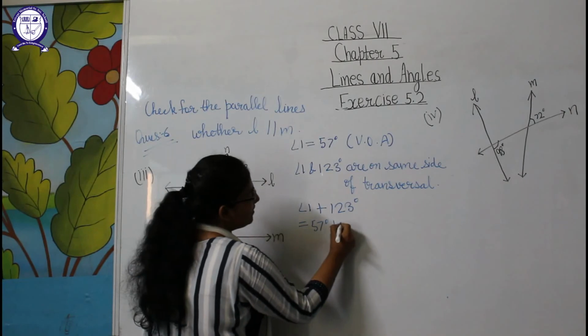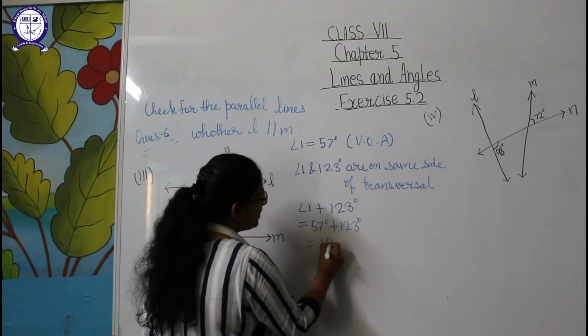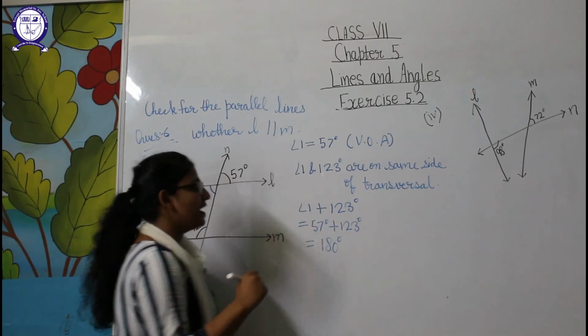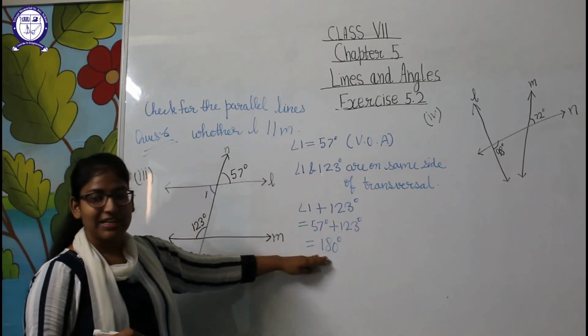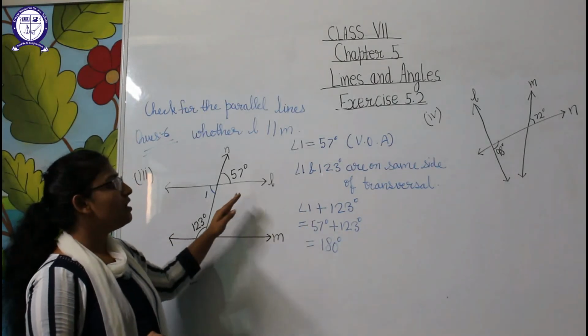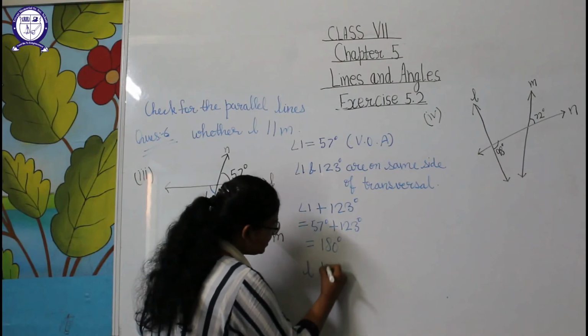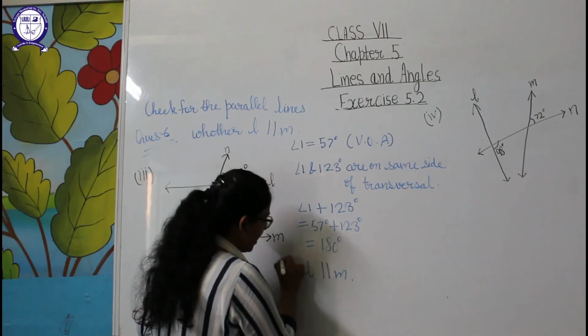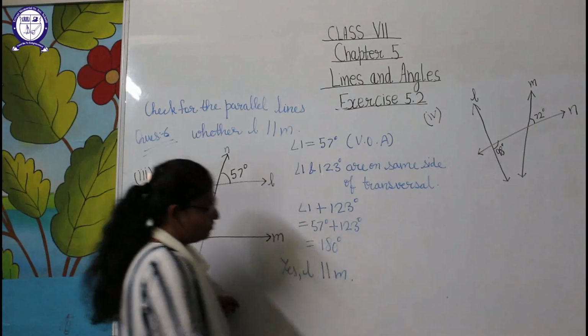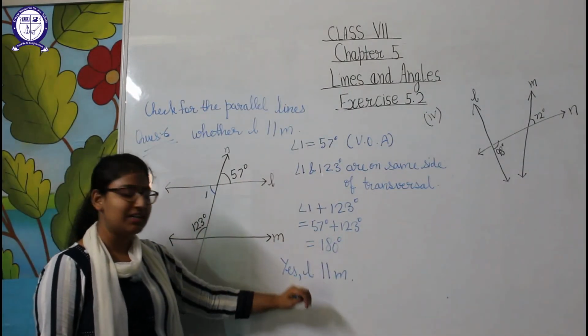So 57 degrees plus 123 degrees equals 180 degrees. Here their sum comes out to be 180 degrees. It means they are on the parallel lines L and M. So we will write that yes, L is parallel to M here, because the sum comes out to be 180 degrees.